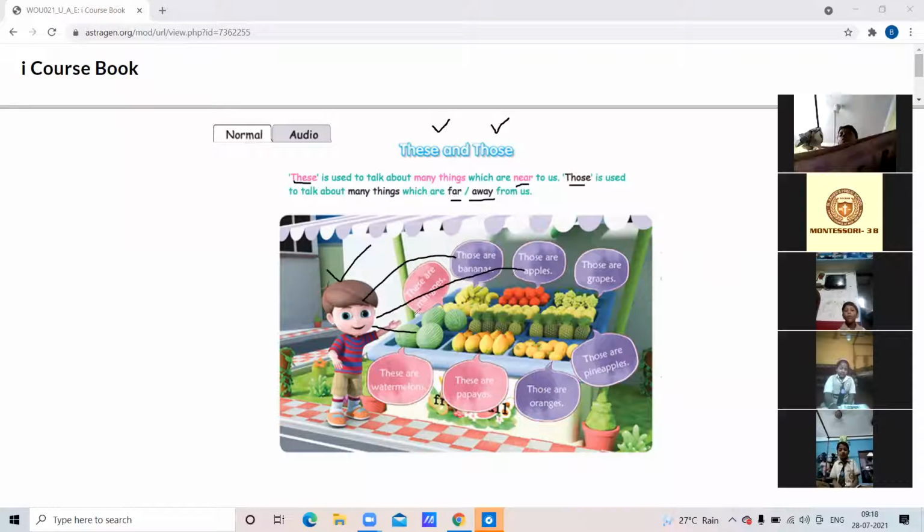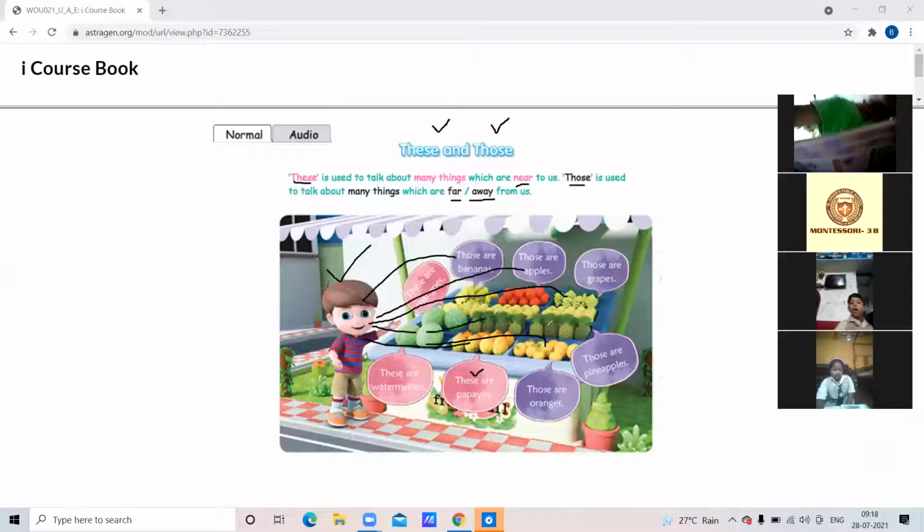The grapes are far away, so those are grapes. The papayas are near, so these are papayas. Pineapple is also far, so he will say those are pineapples.